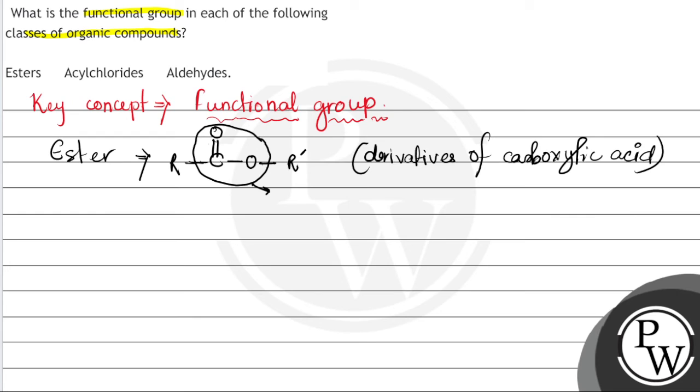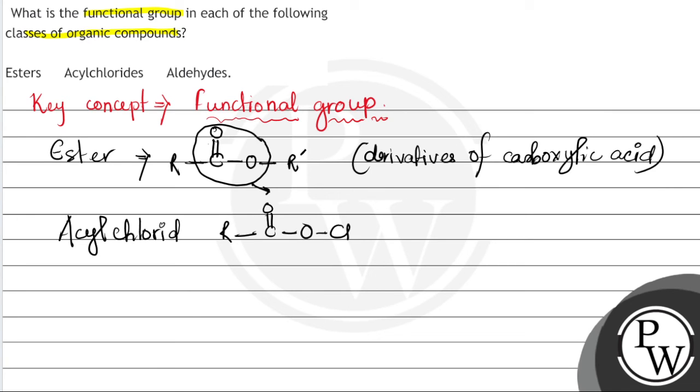Now for acyl chloride, here what happens? A hydrocarbon is attached to a carbon which is doubly bonded to an oxygen, and this carbon is singly bonded to chlorine.